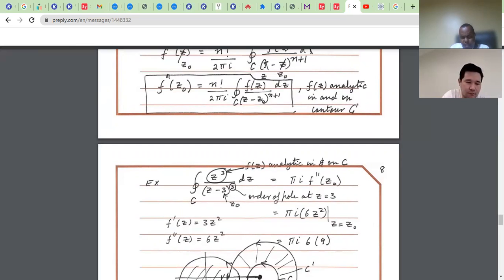That is f of z. It's up there. It's analytic. So this integral will be equal to pi i. Why is he talking about f double prime of z naught?